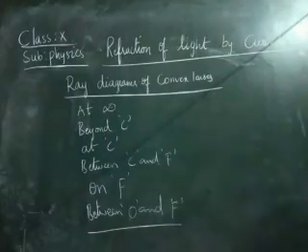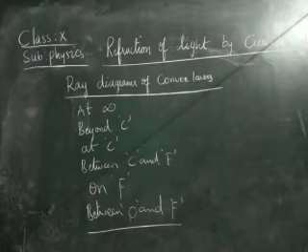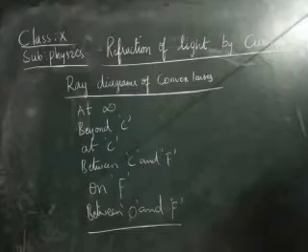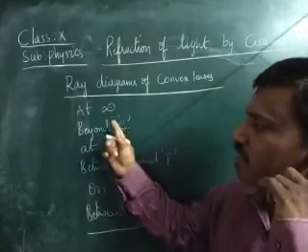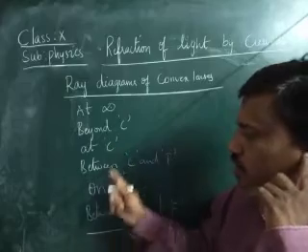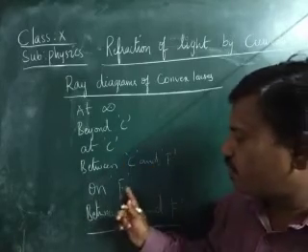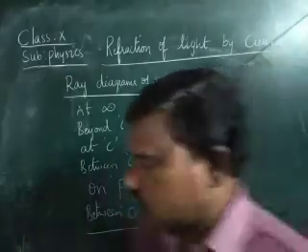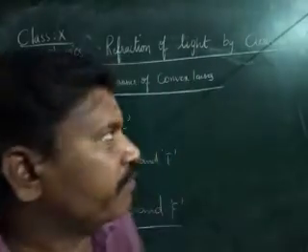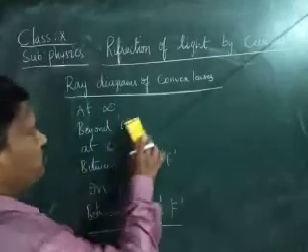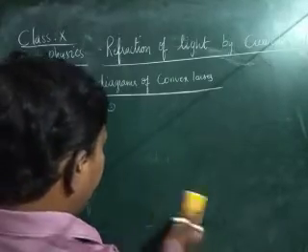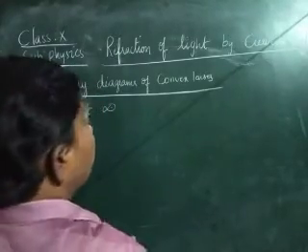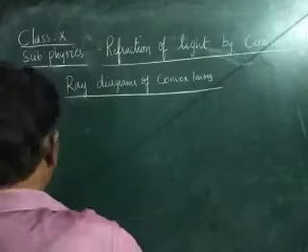How many positions are there to draw the ray diagram for the convex lenses? 6 positions: at infinity, beyond C, at C, between C and F, on F, between O and F. Therefore, today we will be learning about the first property, that is, the ray diagram when the object is at infinity for the convex lens.